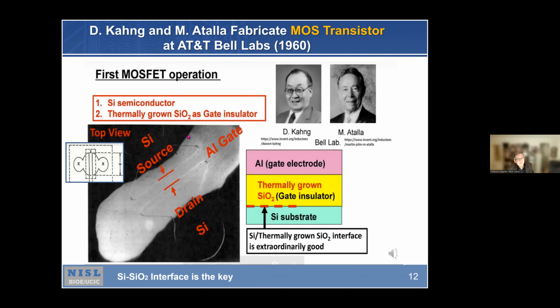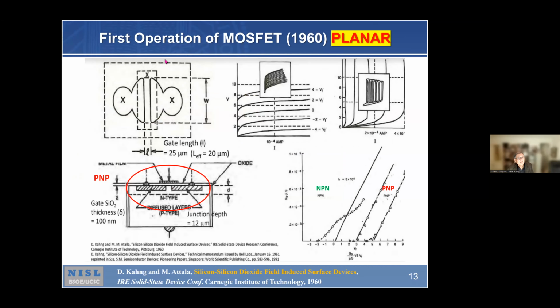This shows a fabricated device, with a silicon substrate, a thermally grown silicon dioxide, and then an aluminum metal gate. So that's why it's the metal oxide semiconductor, MOS, device. This shows the drawing, then a cross-sectional cut of the device, and then the IV characteristics.